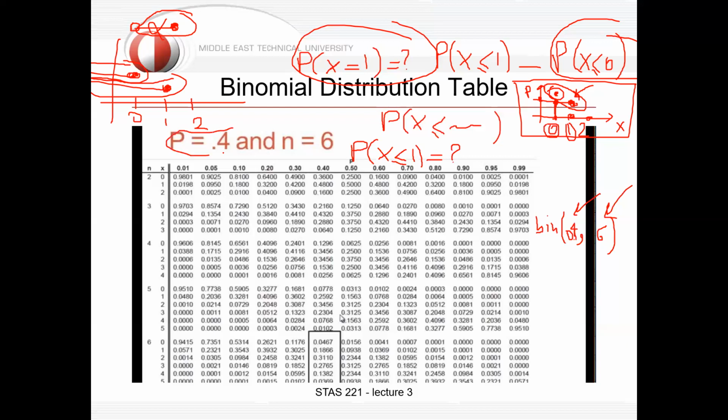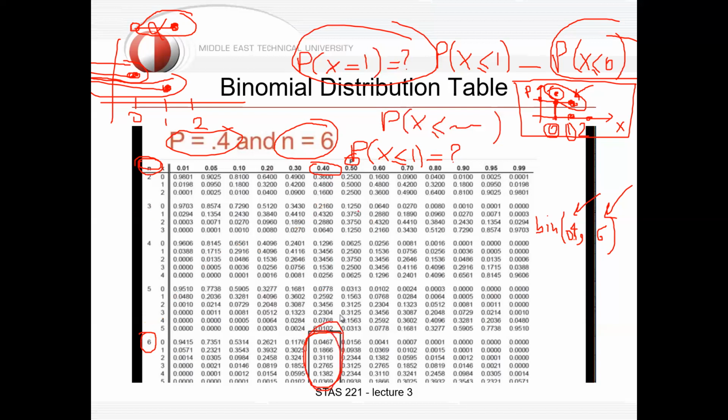So as you can see in this table, the parameters are given to us. So on this table, N is equal to 6, and P is equal to 40%. So from here, I understand I'm talking about this one, okay?